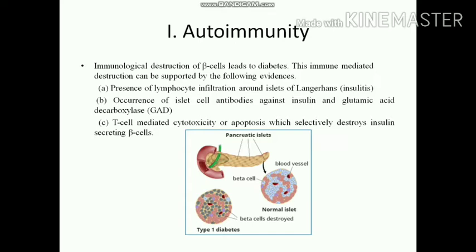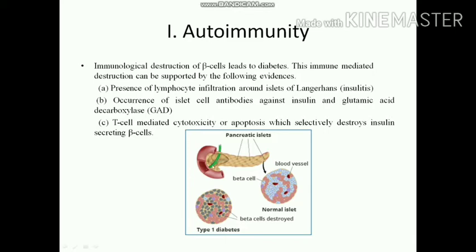First is presence of lymphocytic infiltration around islets of Langerhans. Okay, and occurrence of islet cell antibodies against insulin and glutamic acid decarboxylase, and T cell mediated cytotoxicity or apoptosis which selectively destroy insulin secreting beta cells.